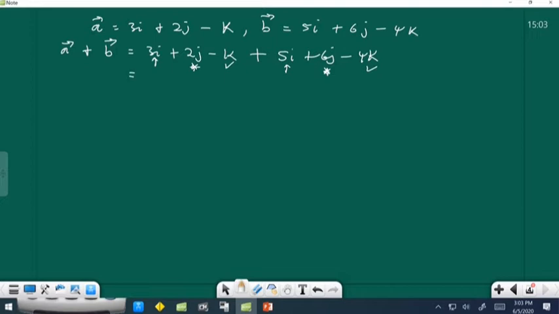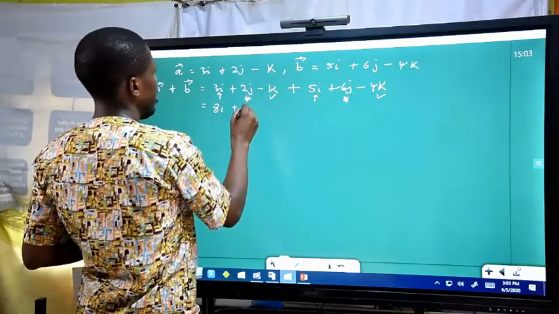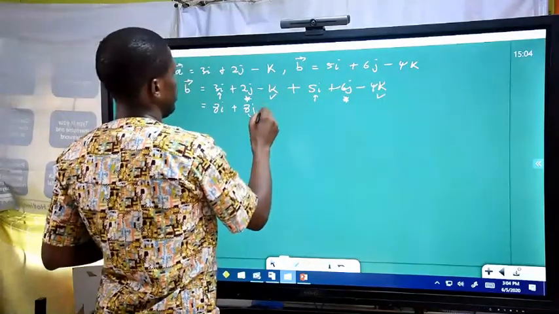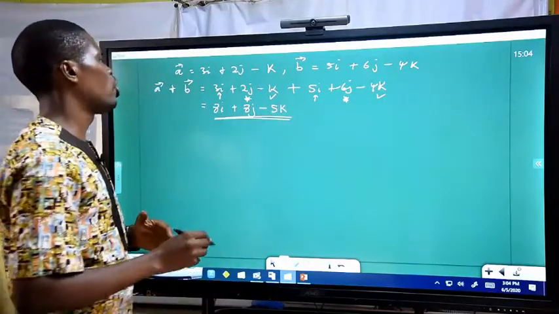So when we do that, we have 3i added to 5i, we have 8i, and 2j added to 6j, we have 8j, and minus k and minus 4k, we have minus 5k. So this will give us the vector sum of A and B.